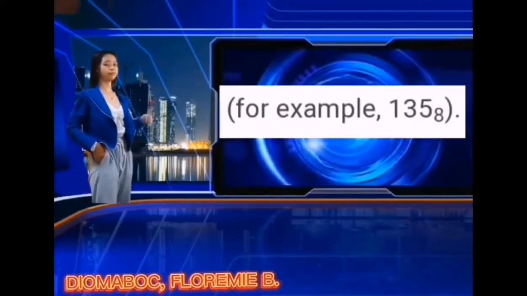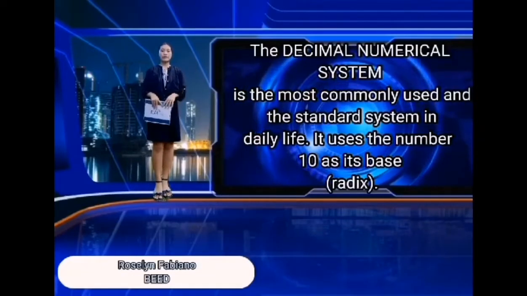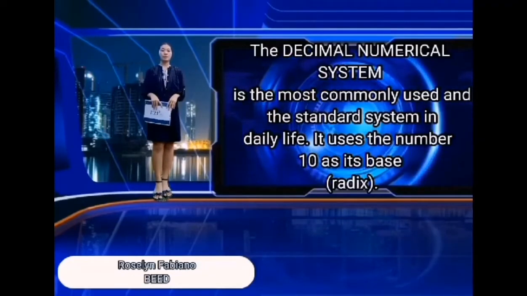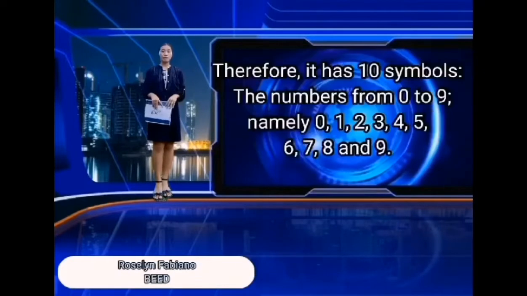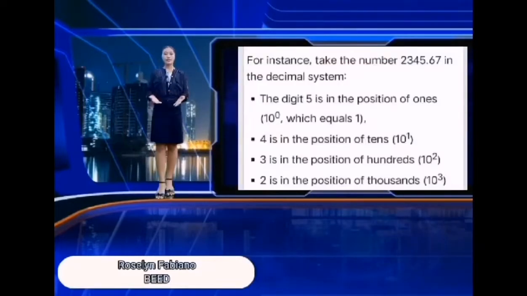The decimal numerical system is the most commonly used and the standard system in daily life. It uses the number 10 as the base, or radix. Therefore, it has 10 symbols, the numbers from 0 to 9. For instance, take the number 2345.67 in the decimal system. The digit 5 is in the position of ones, 10 to the power of 0, which equals 1. 4 is in the position of tens, 10 to the power of 1. 3 is in the position of hundreds, 10 to the power of 2. 2 is in the position of thousands, 10 to the power of 3.